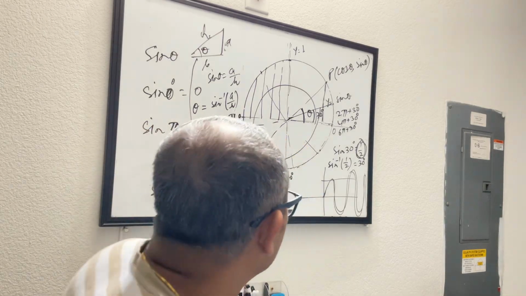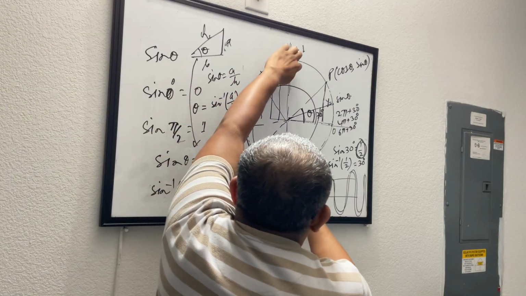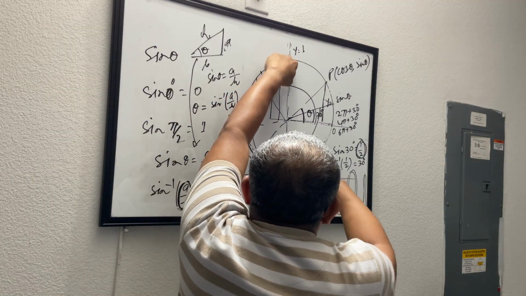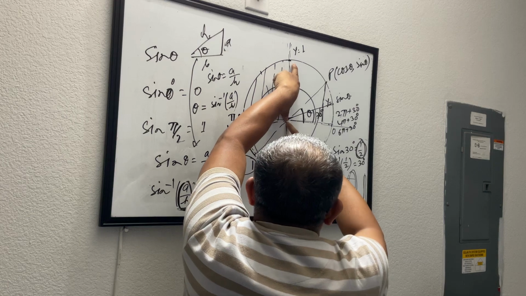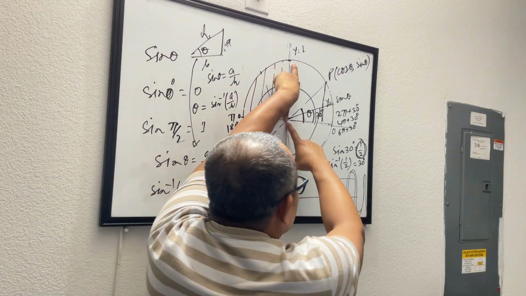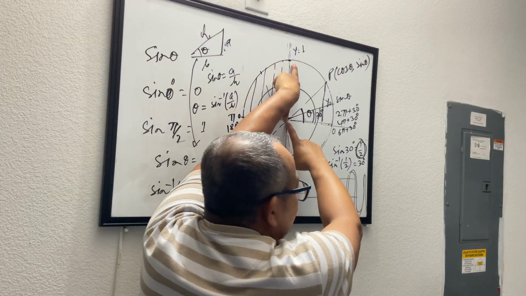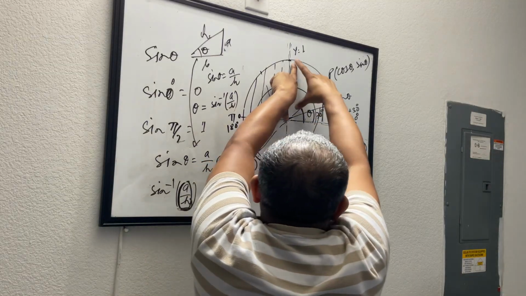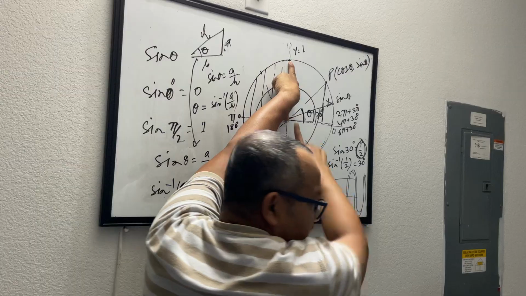Not always. Now look at sine theta alone. Your sine value is fluctuating between 1 and minus 1, correct? Sine theta for any angle theta is fluctuating between 1 and minus 1.